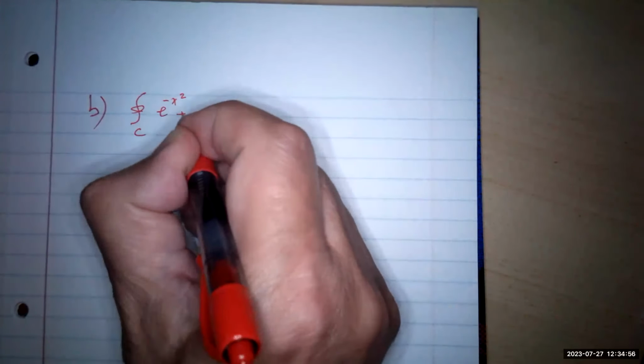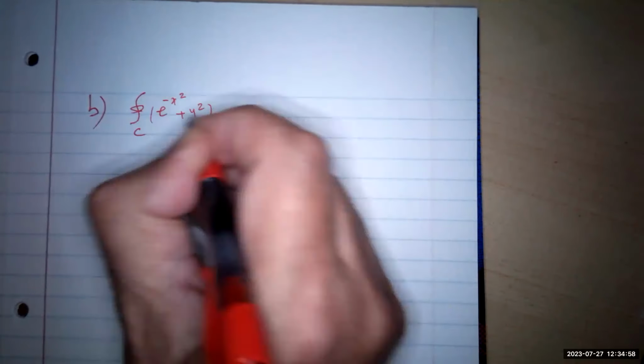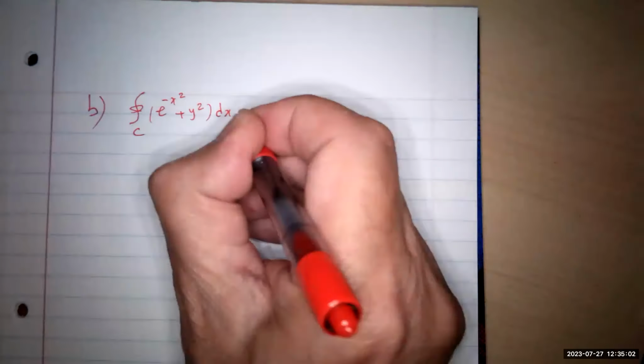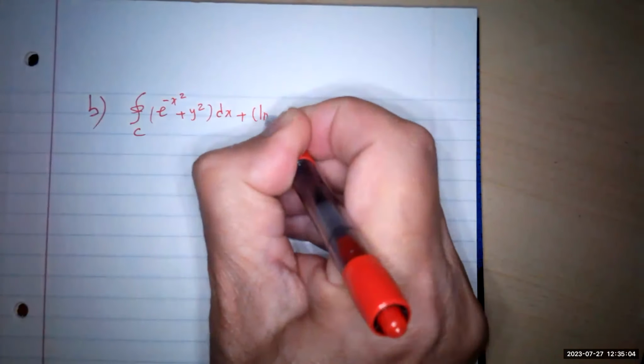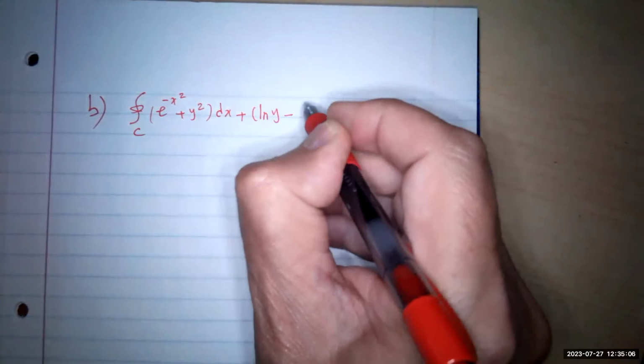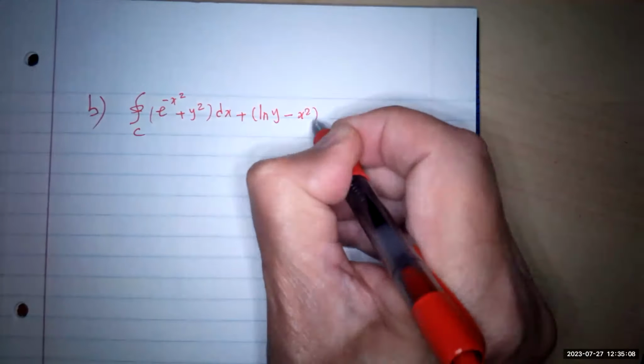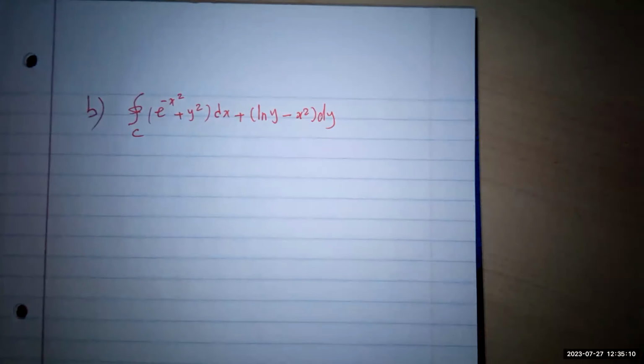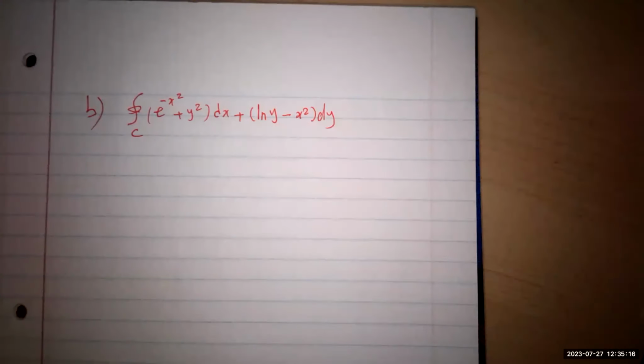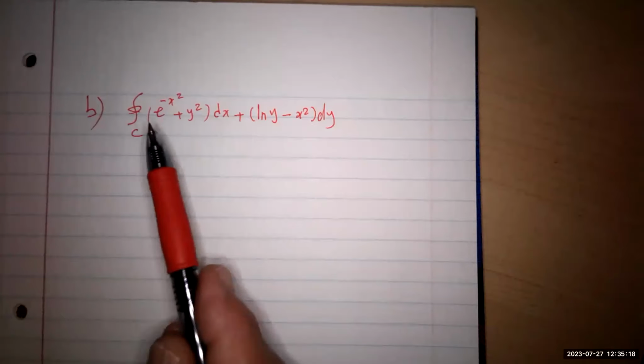The function is e to the negative x squared plus y squared dx plus ln of y minus x squared dy. You see this integral? If you want to do it directly at the first step, you'll be in trouble.